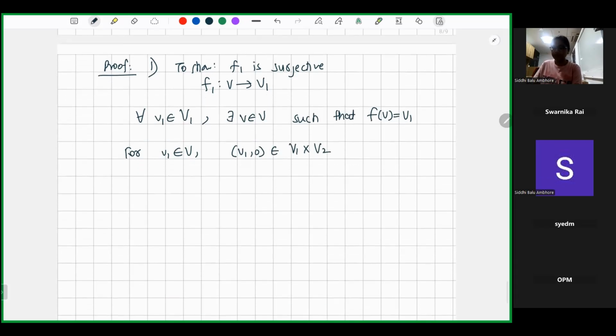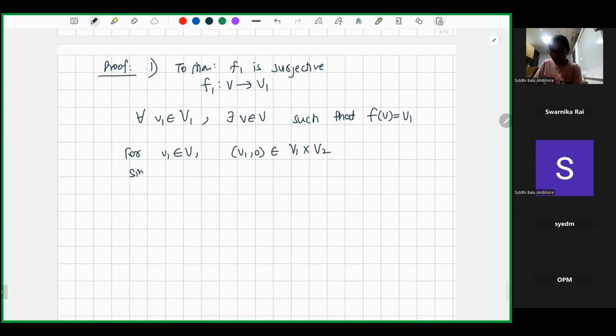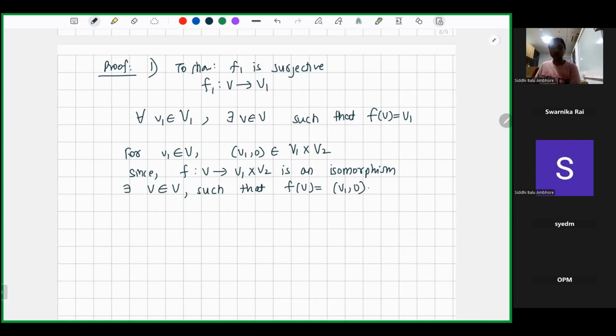And since F from V to V1 cross V2 is an isomorphism, there exists some v in V such that F of v is equal to (v1, 0).